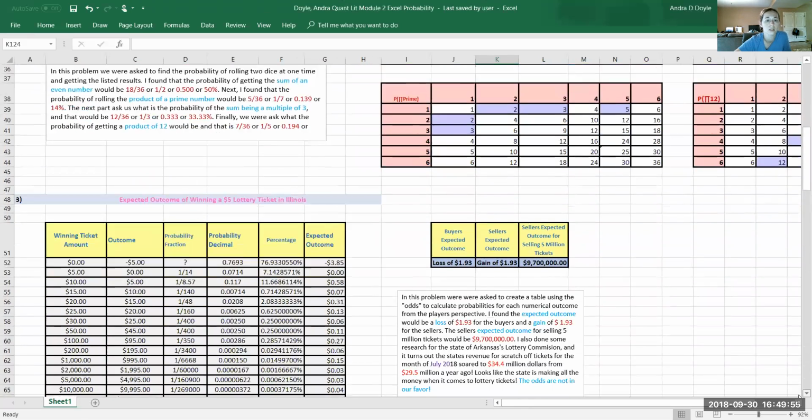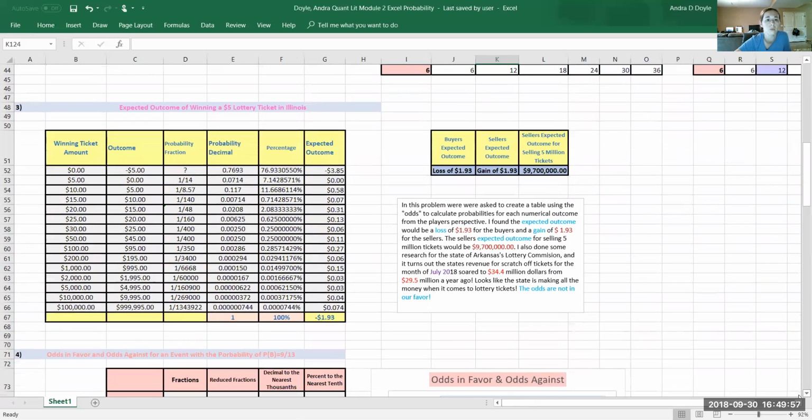Question number 3 is about the expected outcome of winning with a $5 lottery ticket in Illinois. In this problem, we were asked to create a table using odds to calculate probabilities for each numerical outcome from the player's perspective. I found the expected outcome would be a loss of $1.93 for the buyers and a gain of $1.93 for sellers.